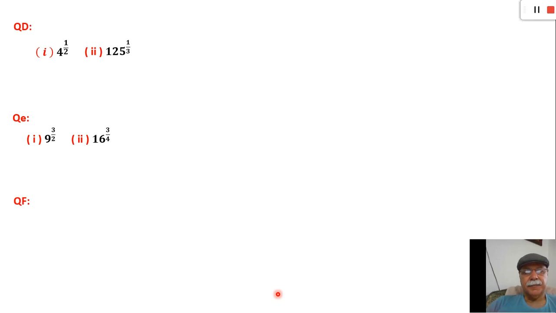Question F, part 1: 2 minus 3 power x plus 1, bracket power minus 1. Question G: 2 power 0, second part: a plus b power 0.